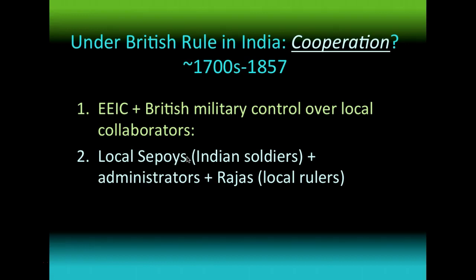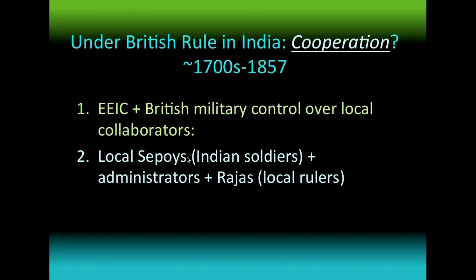There were local leaders who supported the British EEIC, and this includes local sepoys, who are Indian soldiers in the British military, and there were local administrators, Indians in the British administration, as middlemen, representatives, and communicators between the British superpower and the local people.